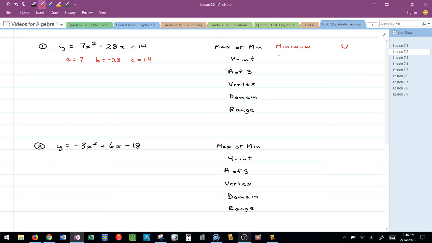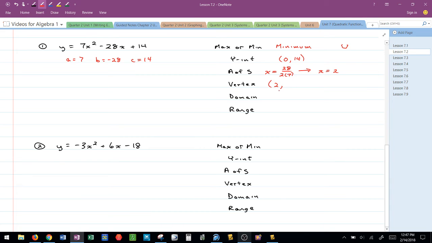I know the y-intercept will be the point 0, c, or in this case 0, 14. I know the axis of symmetry, I have to do some work. That's x is equal to the opposite of b over 2 times a. And then I simplify that to x is equal to 2.